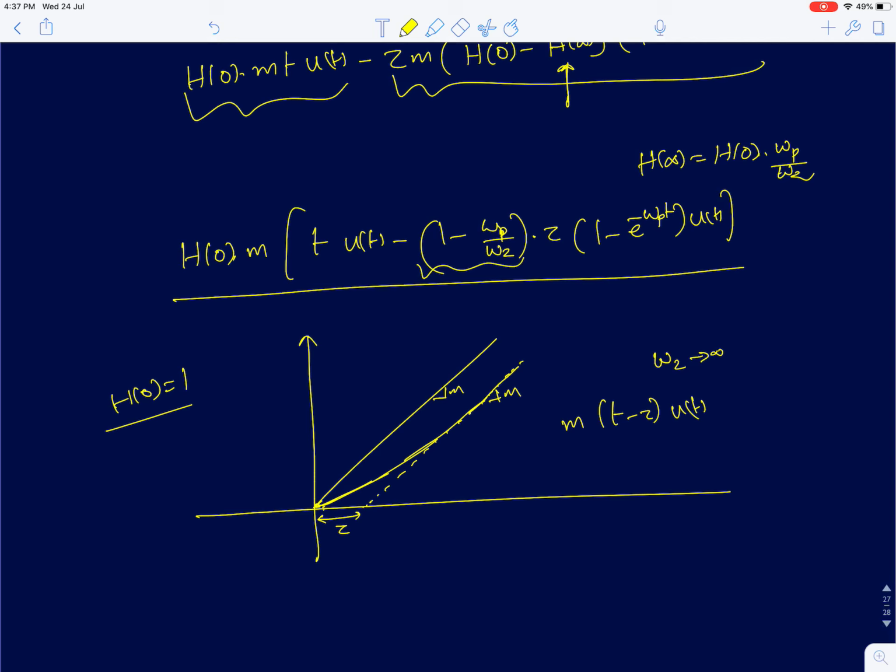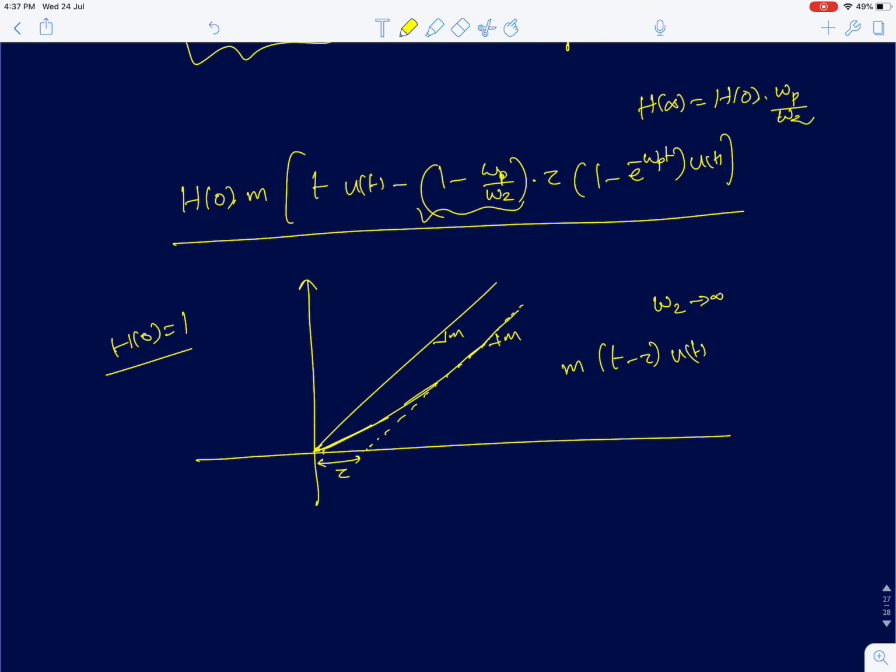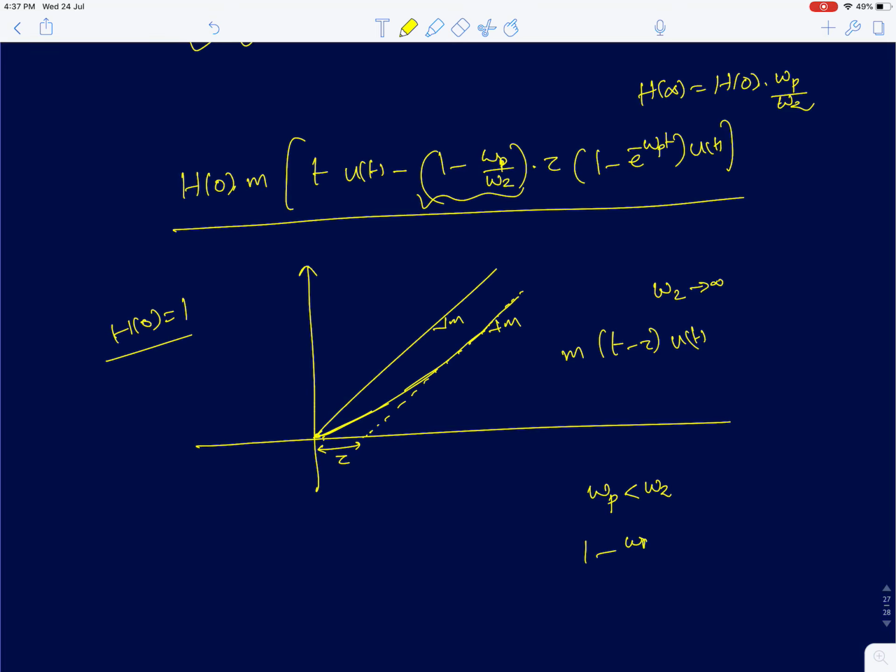Here there is a difference. It's getting multiplied by a term 1 minus omega p by omega z. So we'll have to plot this for three different cases of omega p and omega z. First we'll plot it for omega p less than omega z. When omega p is less than omega z, 1 minus omega p by omega z is going to be less than 1.